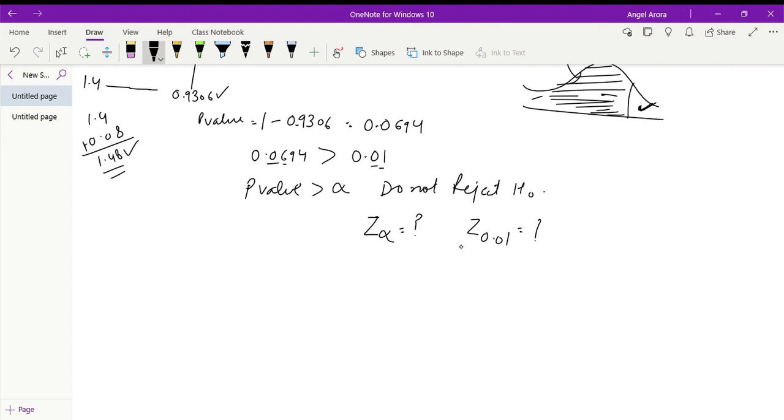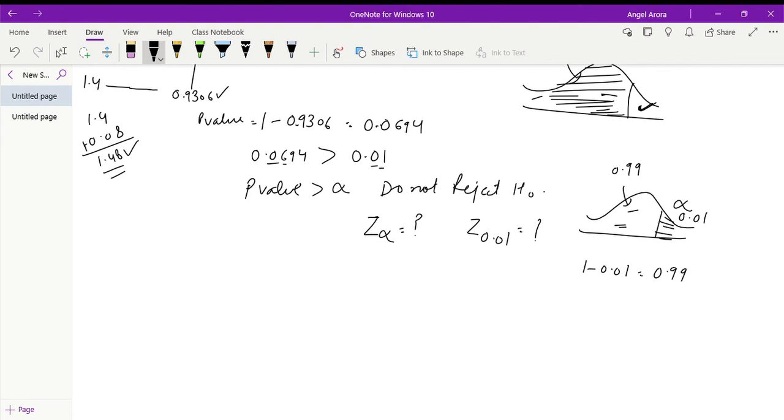We know the area under the curve. 0.01 area is this area, the alpha area. So if the alpha area is 0.01, then this area will be 1 minus 0.01, that means 0.99.